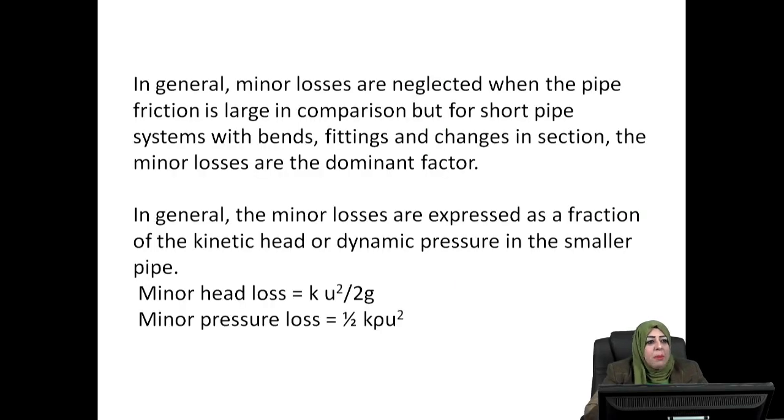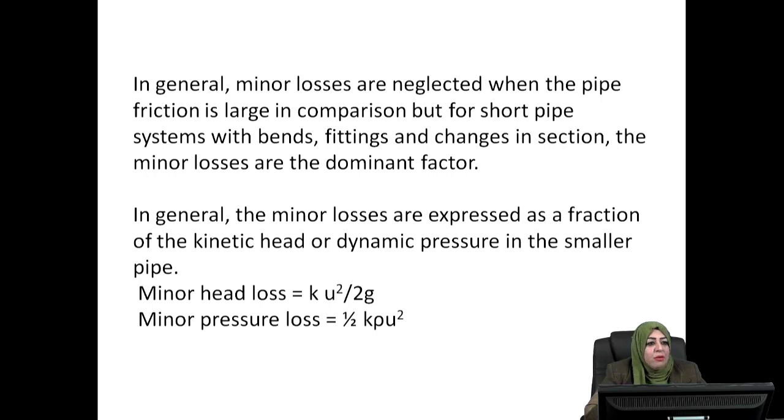In general, minor losses are neglected when the pipe friction is large in comparison, but for a short pipe system with bends, fittings and changes in section, the minor losses are the dominant factor.